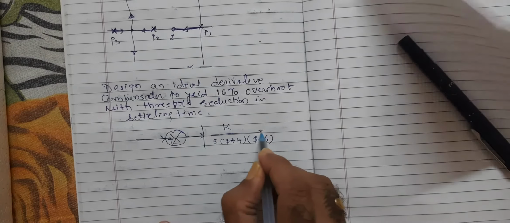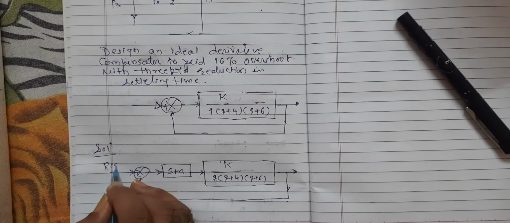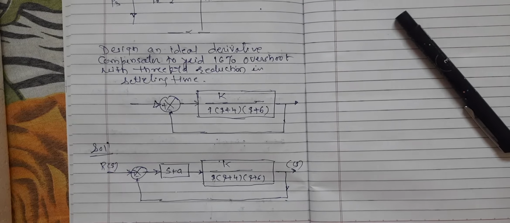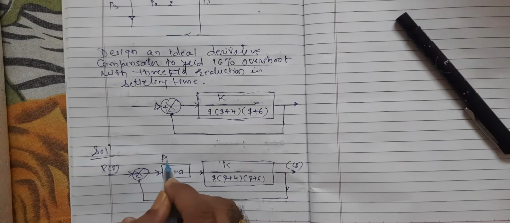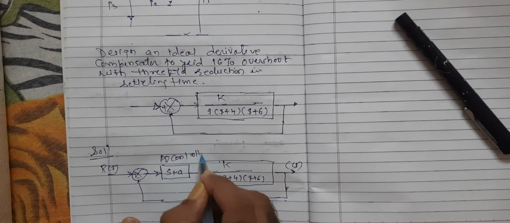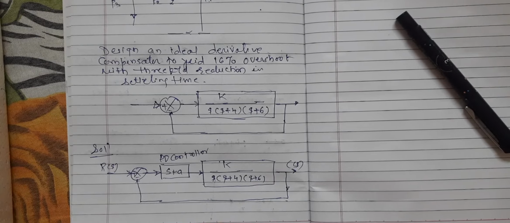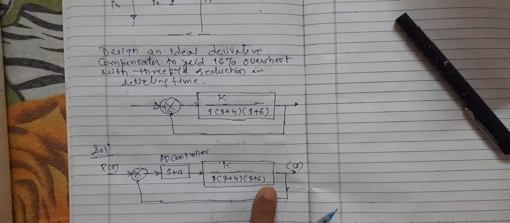Here the compensator is s plus a, and then here is the given system, K divided by s into s plus 4 into s plus 6. This is my R of s and this is C of s. This is my PD controller, or we can call it a compensator, anything.